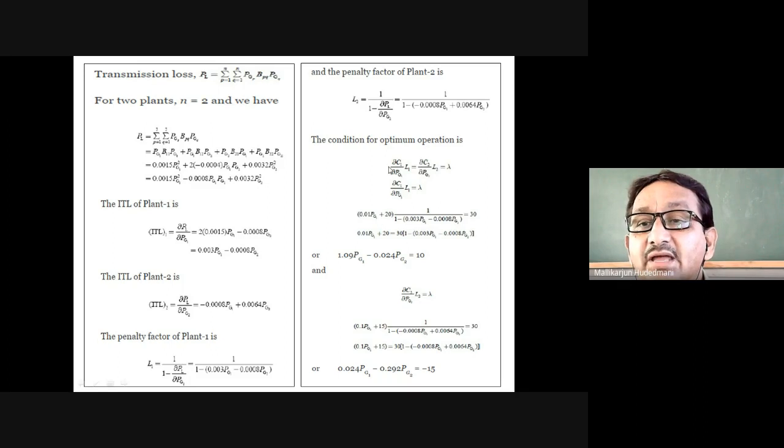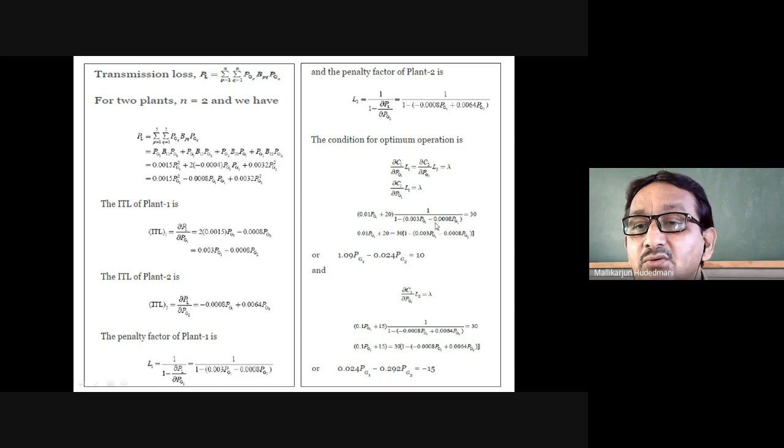Okay. Then for economic scheduling, dC1 by dPg1 into L1 must be equal to dC2 by dPg2 into L2, which should be equal to the common lambda. This was the scenario of economic scheduling when the losses are there. This kind of work we have seen in the first problem itself up to this point.